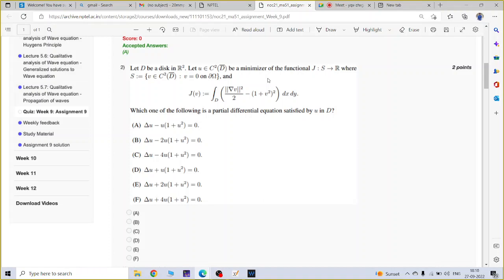U is the minimizer of this functional J, where J is defined from S to R, and S is the set of those V such that V is 0 on the boundary. You have to find which one of the following partial differential equations is satisfied by U in D.